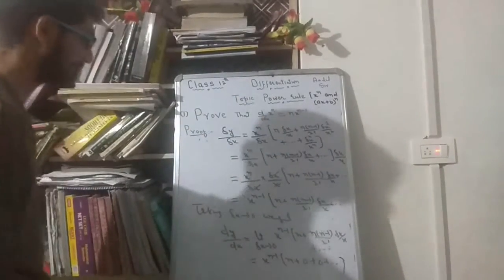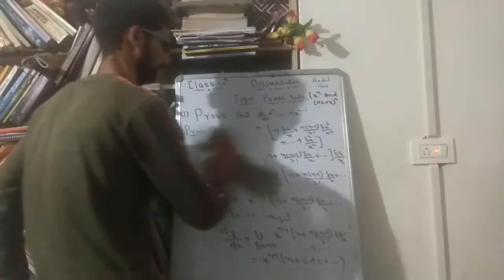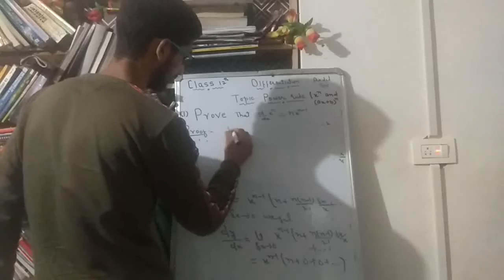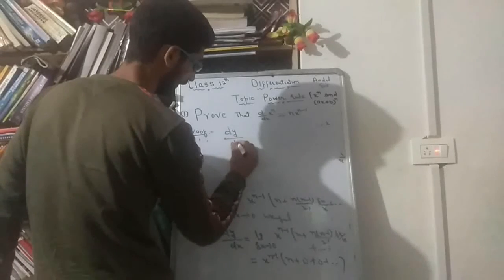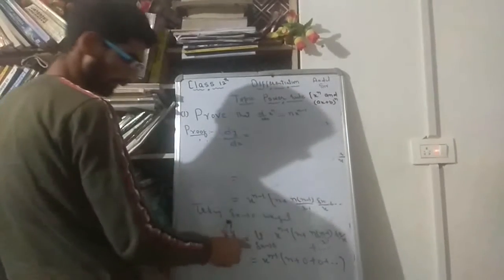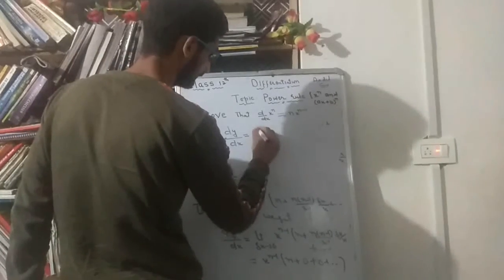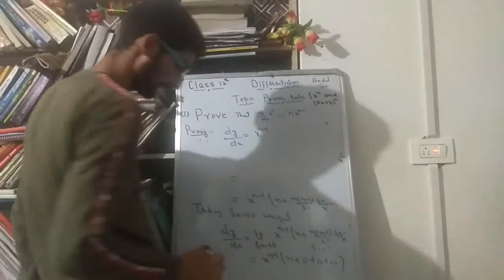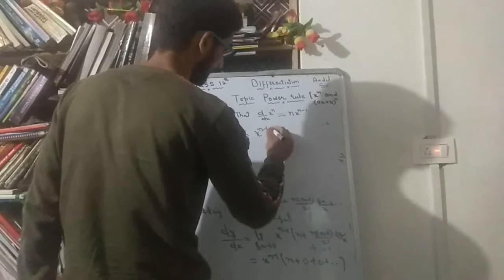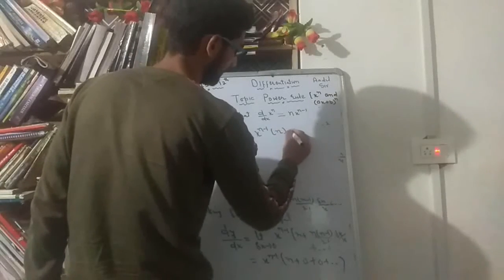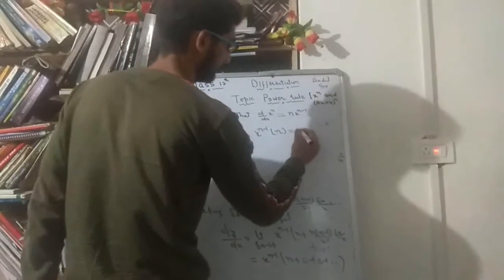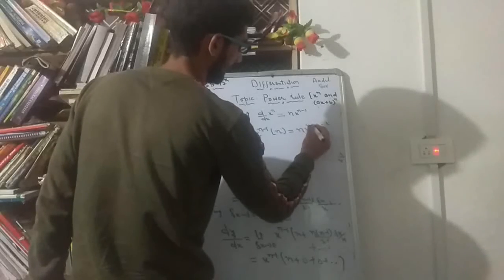So now we are getting dy by dx equals x raised to power n minus 1, and then n. So it will be n into x raised to n minus 1.